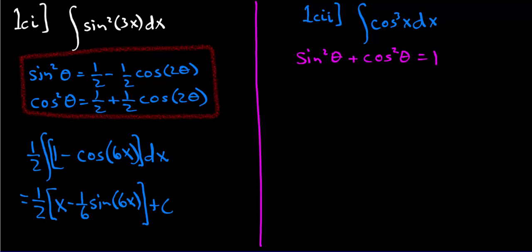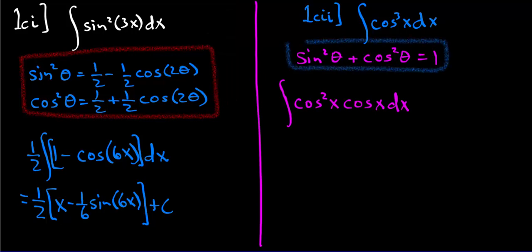Now, let's see how we could use that. I'm going to rewrite cosine cubed as cosine squared x times cosine x. The reason I did that is because I can use this Pythagorean identity to rewrite cosine squared as 1 minus sine squared.